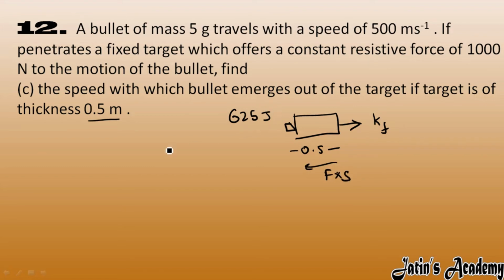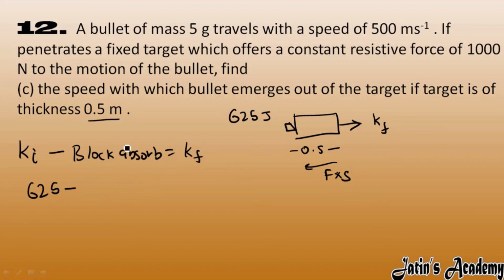If I'm talking about the conservation of energy, we have the initial kinetic energy, and the block absorbs some energy, and after that the bullet comes out with some final kinetic energy. The initial kinetic energy we have is 625 joule. How much energy does the block absorb?